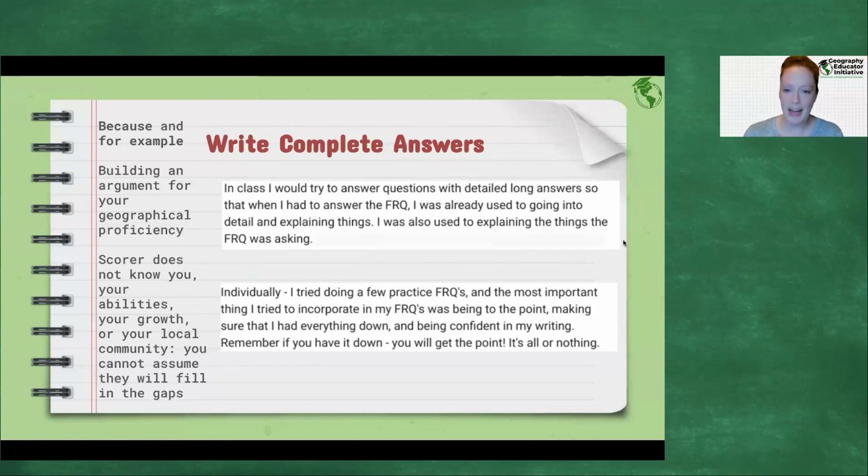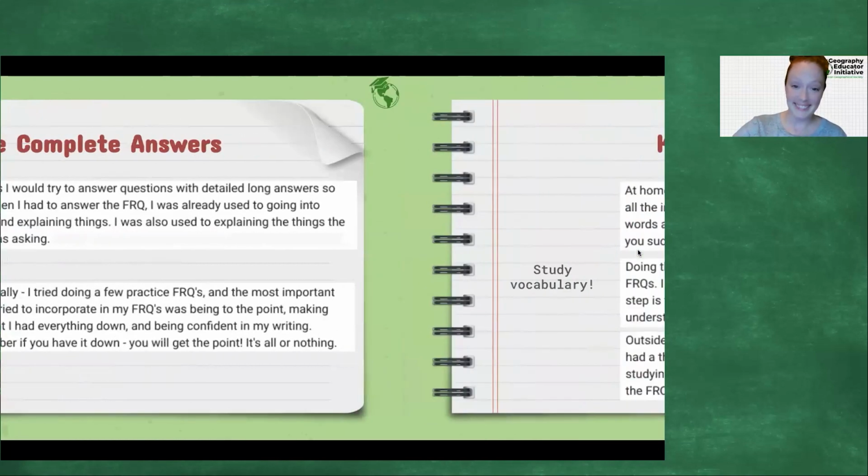We also talk about how the teacher who scores their work is very likely unfamiliar with our local community, so how important it is to give context if they're using an example to illustrate what they know that's from our local community. The bottom line is that the teacher who's scoring their work doesn't see the good work that they've done all year in class. So the more details they can add to make the case that they know what they're talking about, the better.